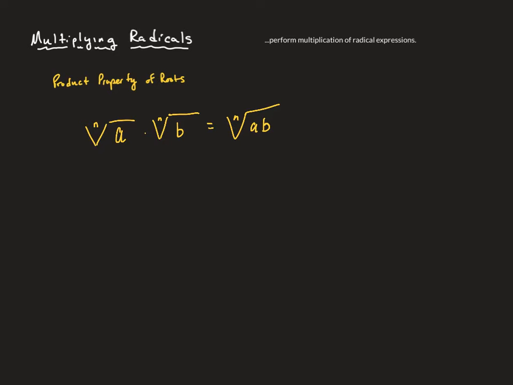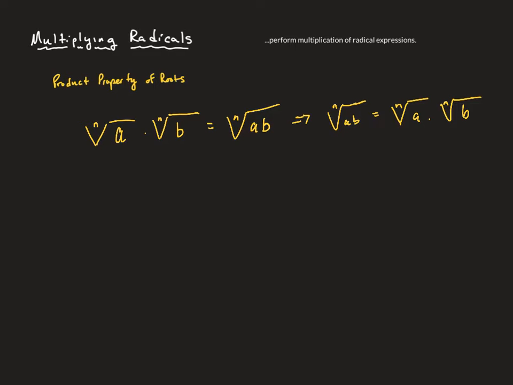And conversely, the nth root of a times b is equal to the nth root of a times the nth root of b. Again, just playing with the power of the root there.